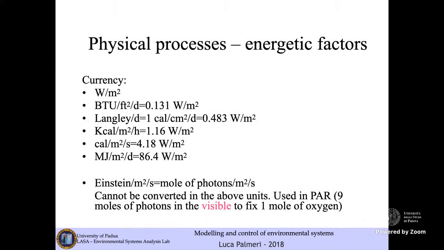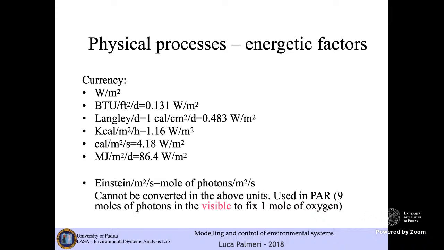So the interest in introducing this currency is that we can employ it to measure the energy arriving from the sun that may be used to produce photosynthesis.